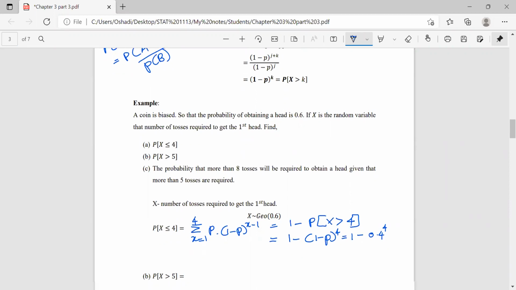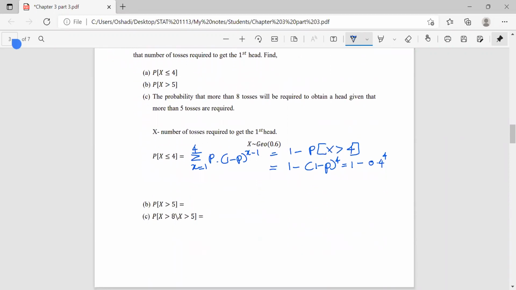Then the next one, using result 1 again, you can write it as (1 minus p) to the power 5, so just 0.4 to the power 5.